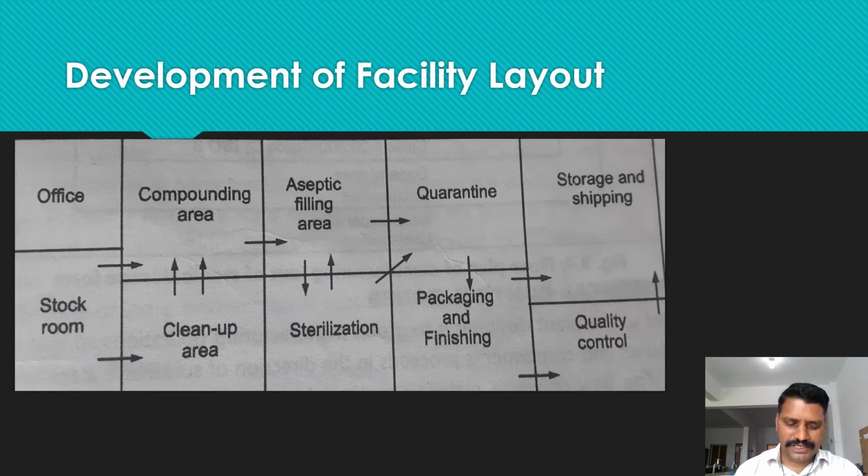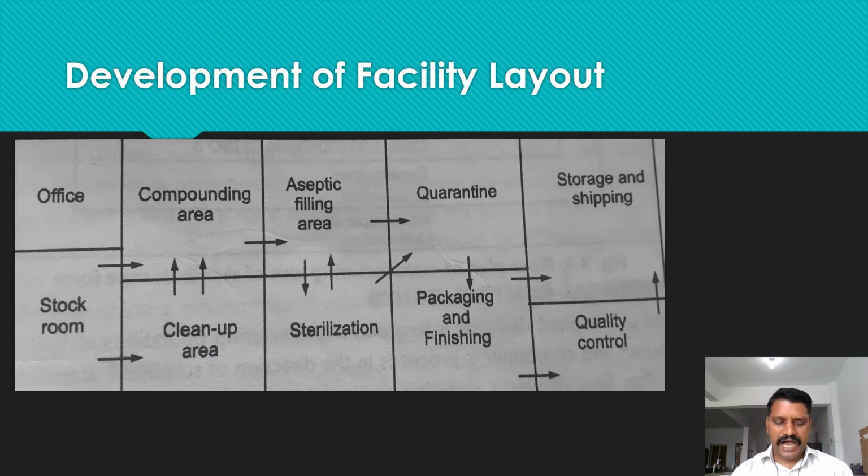So distillation is again important. The steam used for sterilization and sanitation must be of consistent quality and should be continuously available. These are the factors we should definitely consider while developing a facility layout.